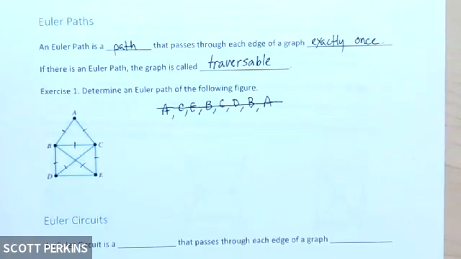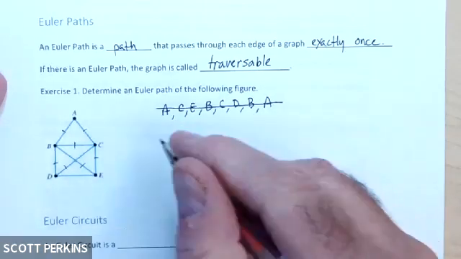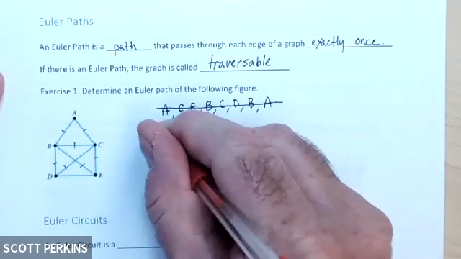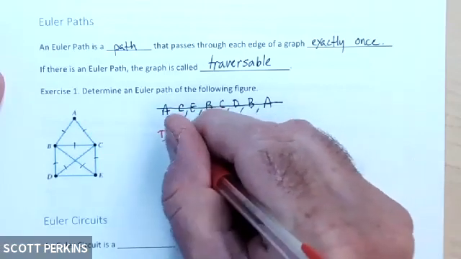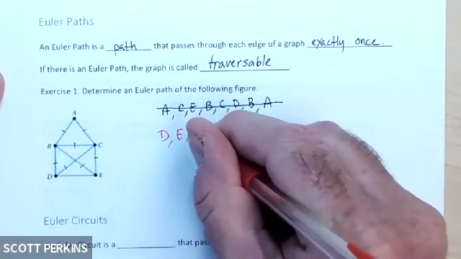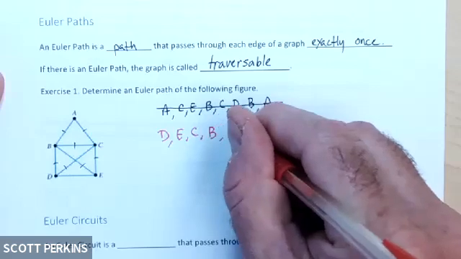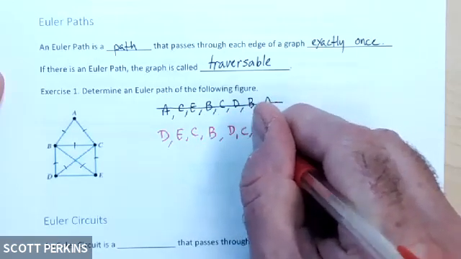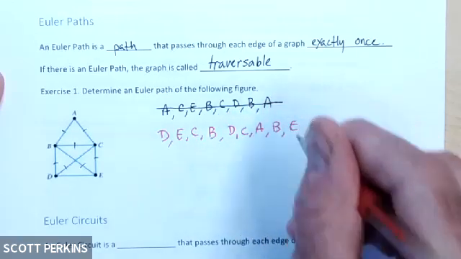What do you got? I'm going to ask you to repeat it because I'm changing colors so we can keep track. So you said you started at D and then what? E. Okay, E, C. All right, let's see if that works.